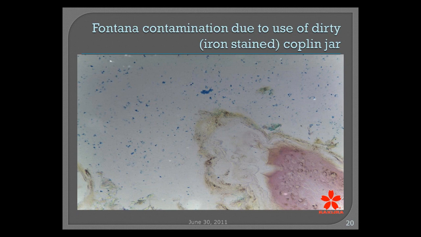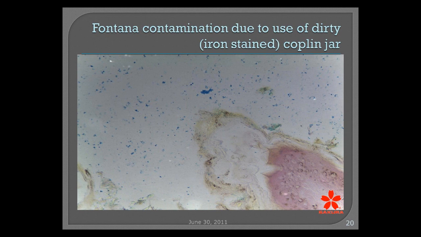This is an example of a silver stain that was done in a Coplin jar that had residual Prussian blue staining in it. So we ran a silver, and you know, those Coplin jars that we have hanging around that you look inside and they're blue or they're yellow, and we get lazy and use those.